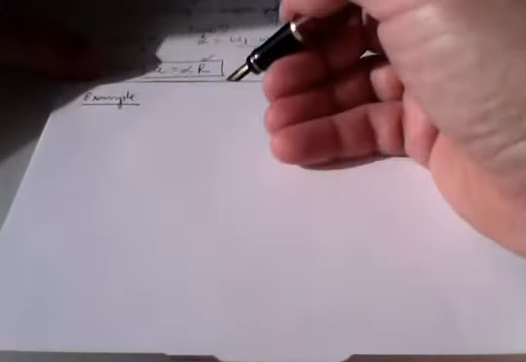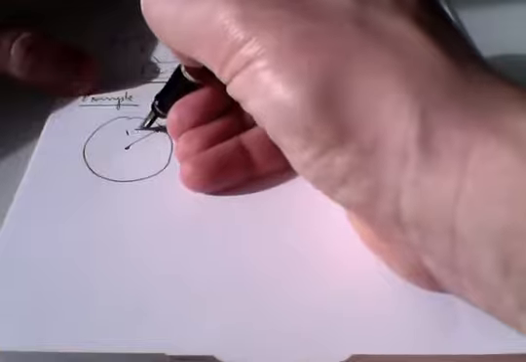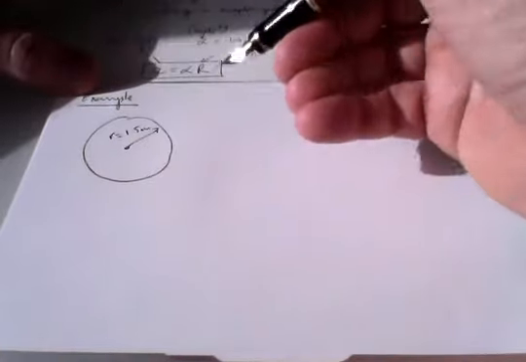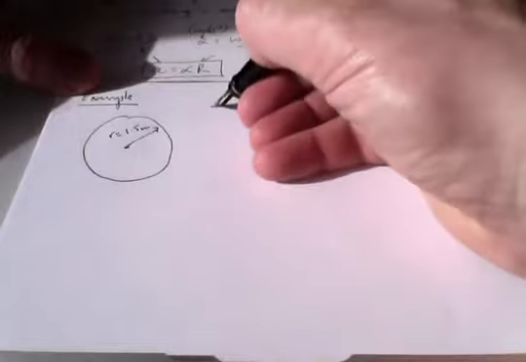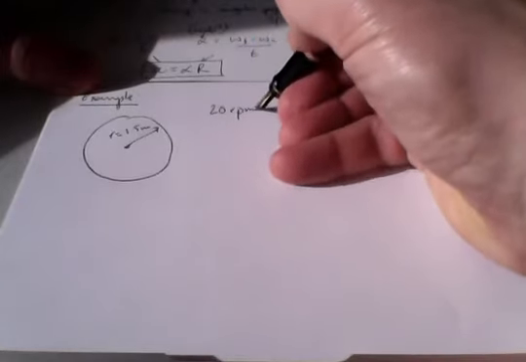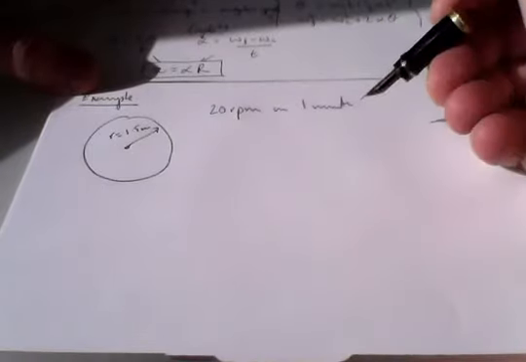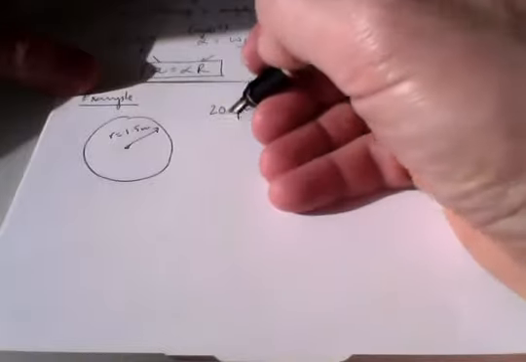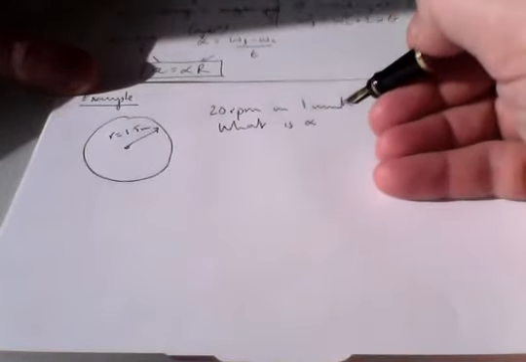Okay, first one. We have a wheel, let's say radius 1.5 meters. It starts from rest and reaches 20 RPMs in 1 minute. What is alpha?